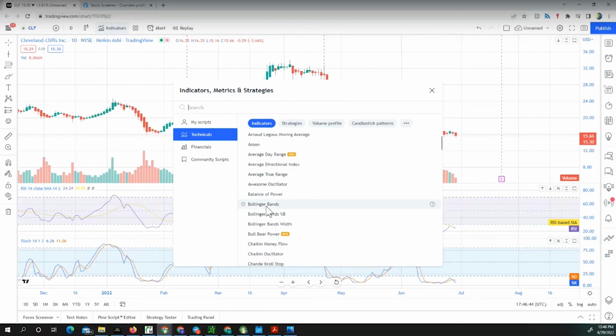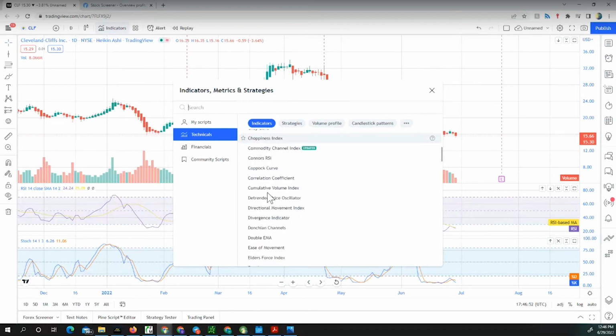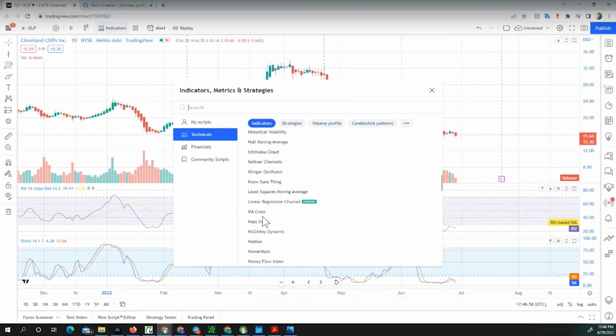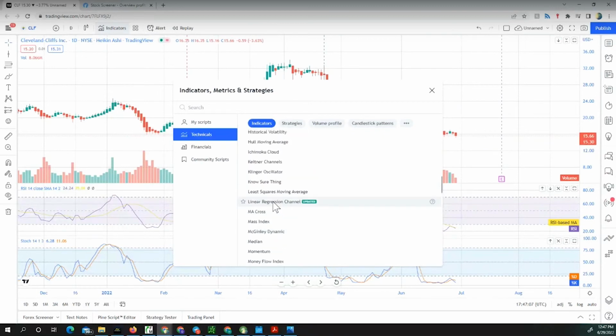Bollinger Bands is good. Ichimoku Cloud is good. MACD.